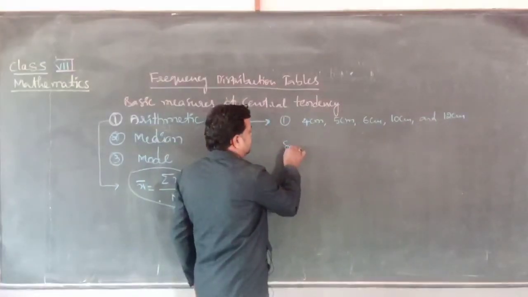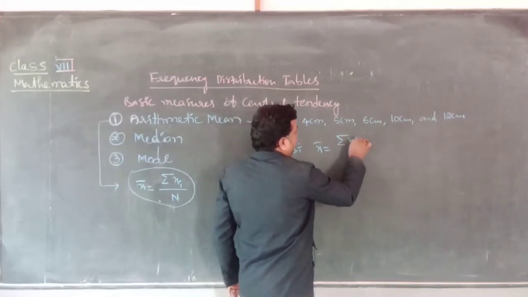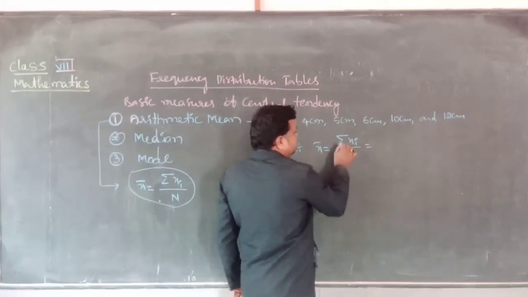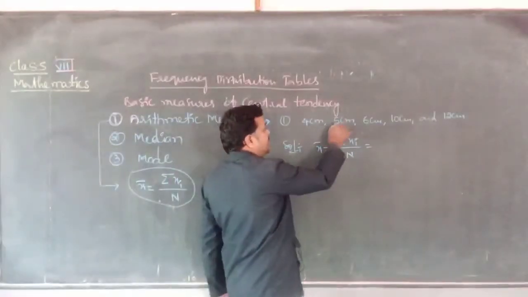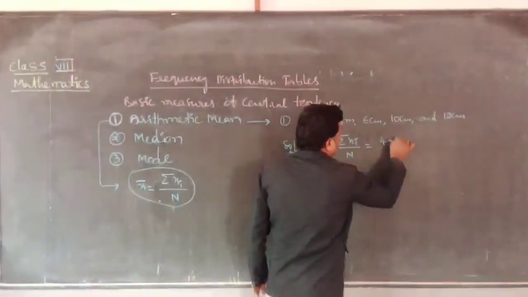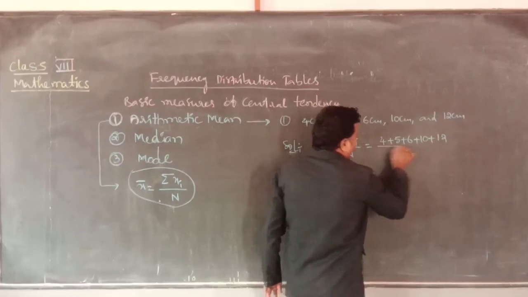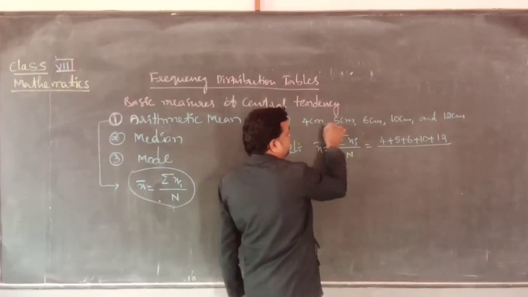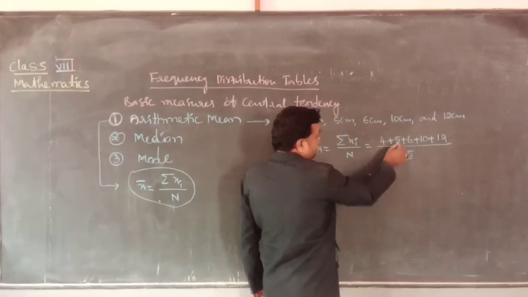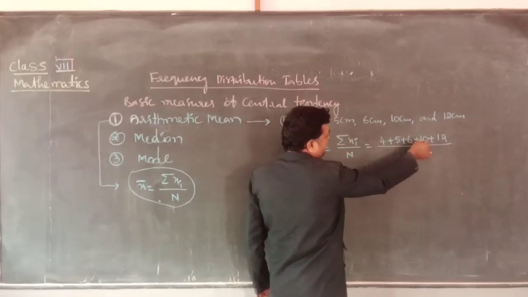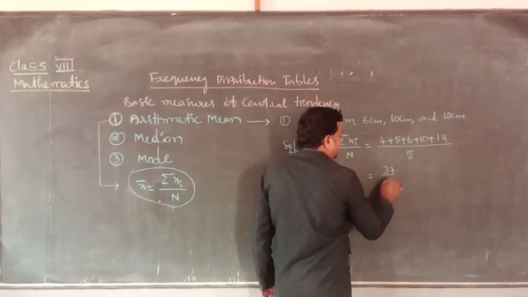Now the formula is x bar is equal to sigma xi by n, means sum of all observations by number of observations. Here the rainfalls 4 plus 5 plus 6 plus 10 plus 12 by n, the total number being 5. 4 plus 5 is 9, 15, 25, 37 by 5.